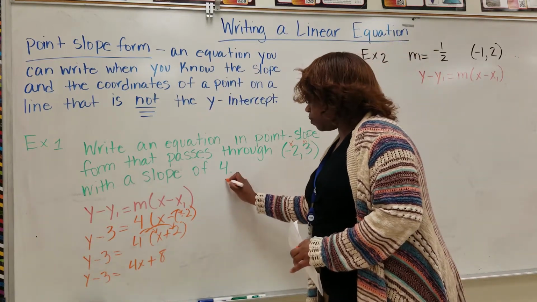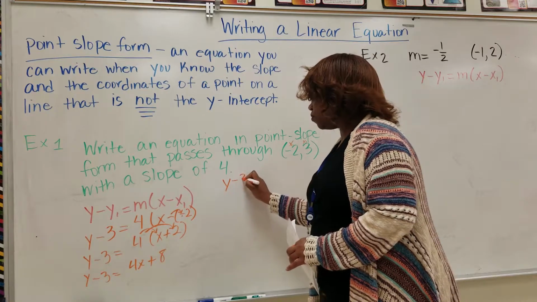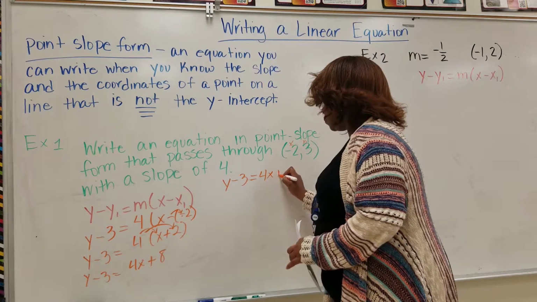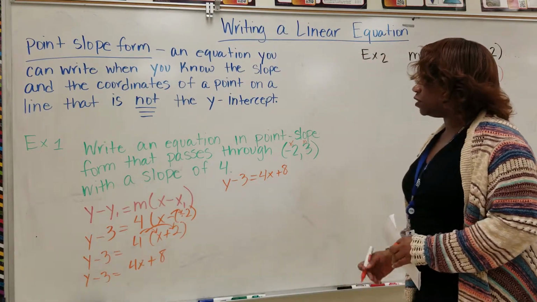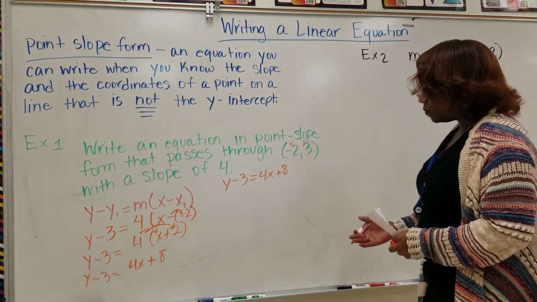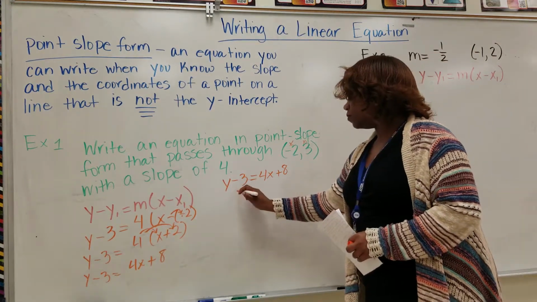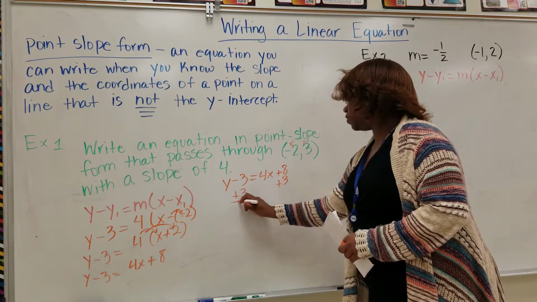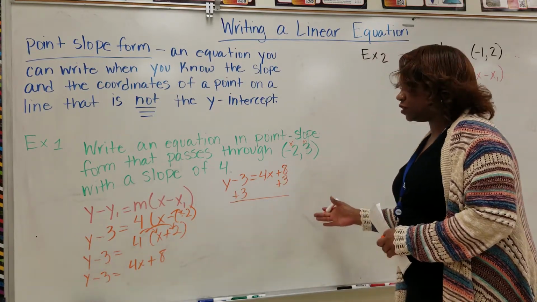Let's go ahead and rewrite this up here so that way we have more room and I don't have to strain. Okay, from here we just combine like terms, okay? So, we add 3 over here, and we add it over here. Because what we do to one side, we got to do to the other.